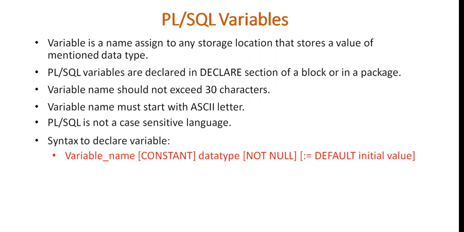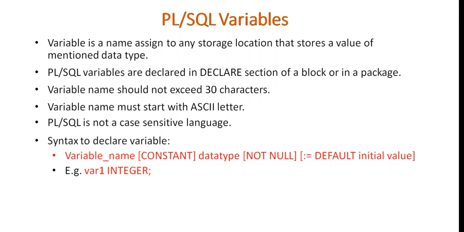So simply, if we want to declare a variable in PLSQL, then we just need to write a variable name and the data type of that variable. This is the simple syntax to declare a variable in PLSQL. For example, here we have declared one variable, var1, which is the name of the variable, and integer is the data type of that variable.